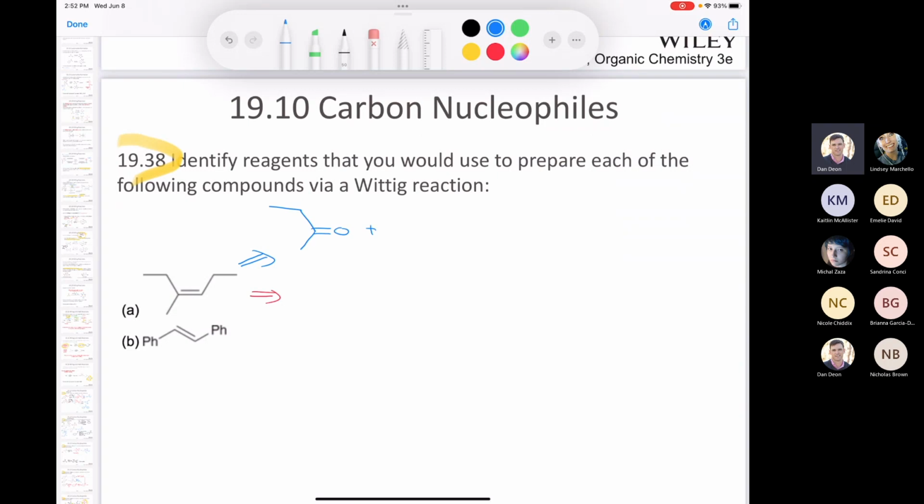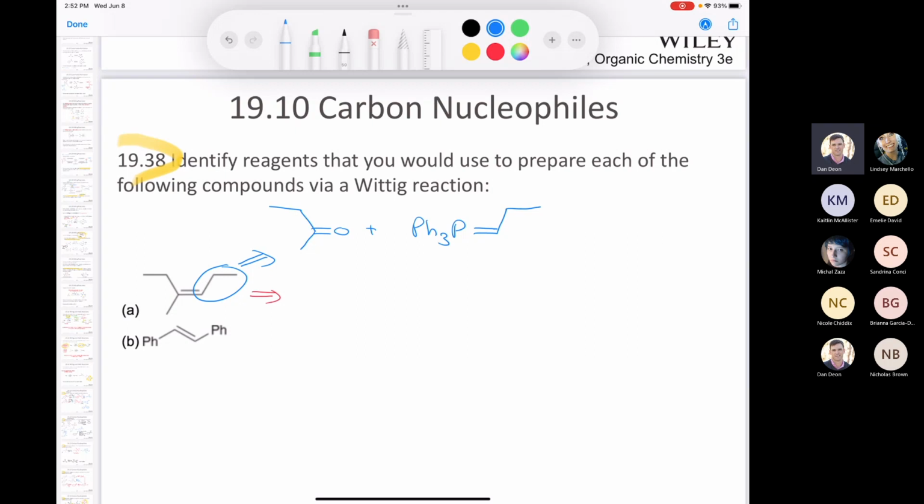And then in that case, my Wittig reagent would be from these three carbons. So then I would have my triphenylphosphine, so PPh3, I've got my phosphorus, and that's going to have a double bond. So then I've got 1, 2, 3 carbons like that. So that's one possibility, this one here.